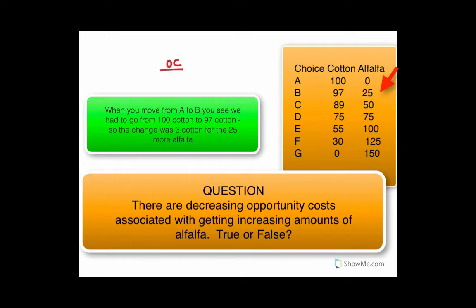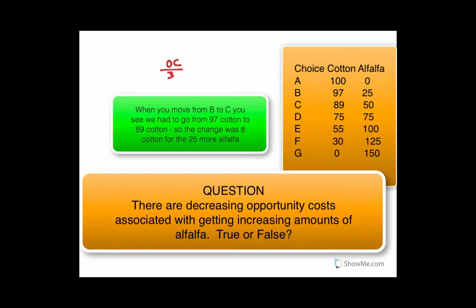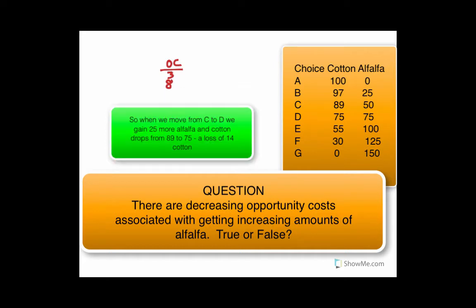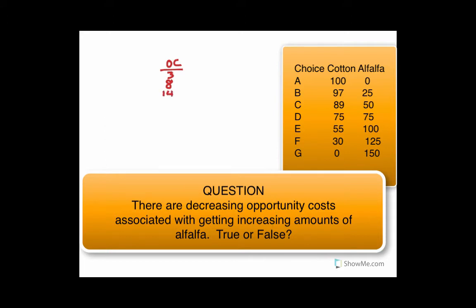When we move from 0 to 25, we give up just 3 cotton. When we move from 25 to 50 alfalfa, we give up 8 cotton. When we move from 50 to 75, we give up 14 cotton. So you can already see that the opportunity costs are indeed increasing rather than decreasing.